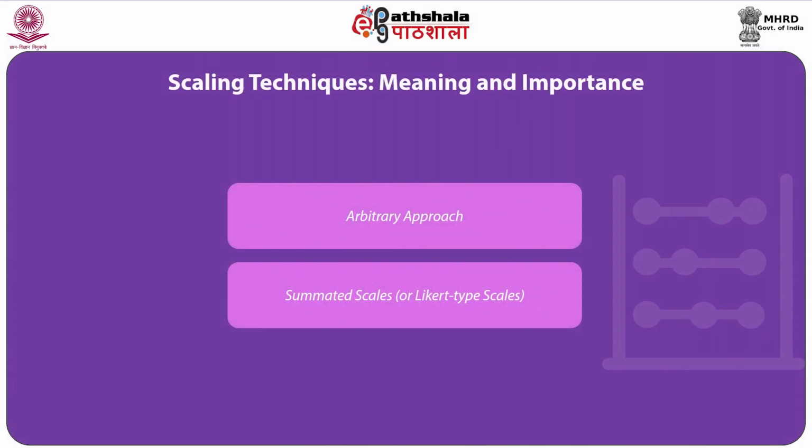The second type of scales are termed summated scales or Likert type scales. These scales are developed by utilizing the item analysis approach, wherein a particular item is evaluated on the basis of how well it distinguishes between those persons whose total score is high and those whose total score is low.